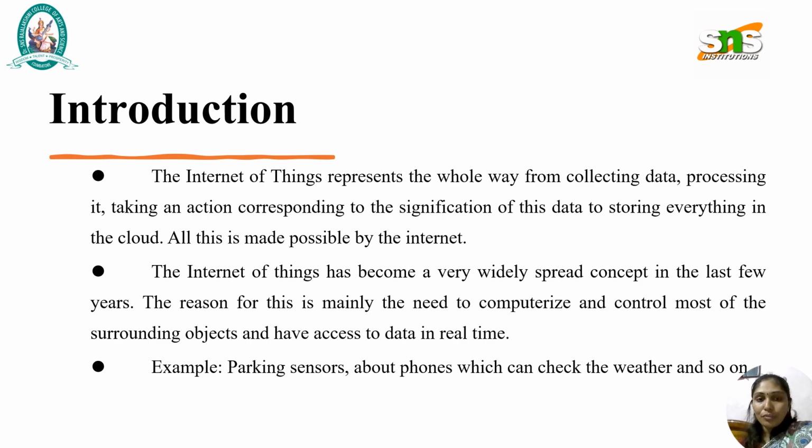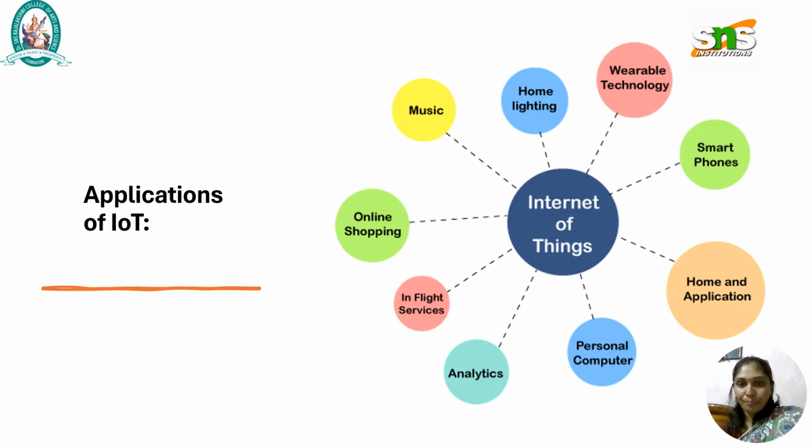The Internet of Things has become a very widely spread concept in the last few years. The reason for this is mainly the need to computerize and control most of the surrounding objects and have access to the data in real time. For example, parking sensors, phones which can check the weather and so on.